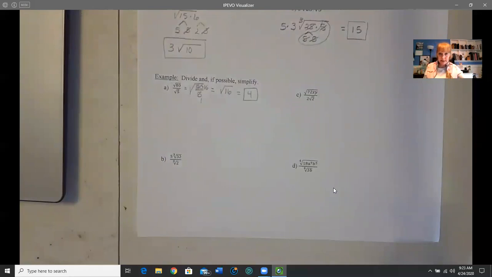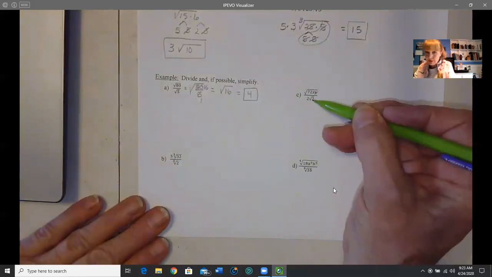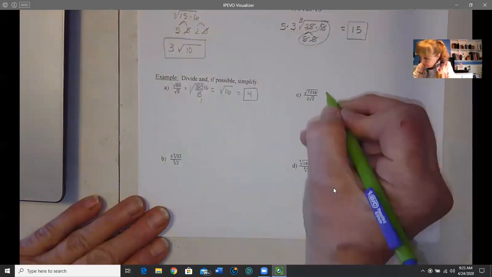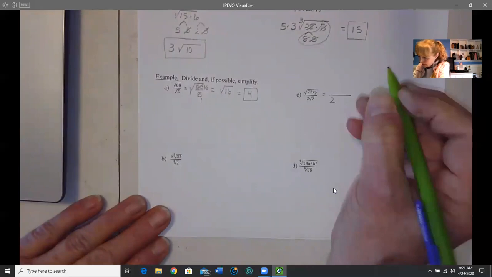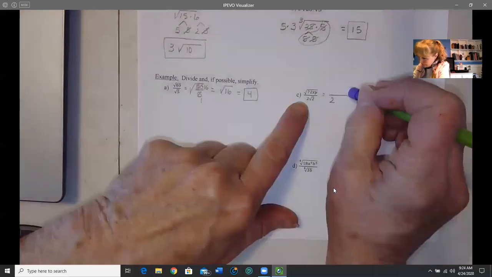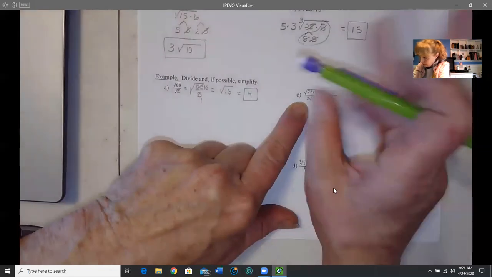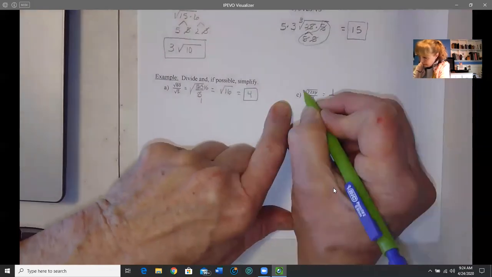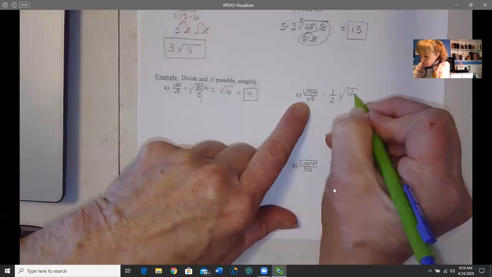All right, let's look at this next one. I've got these 2 in the radicand. This 2 is outside, so we'll just leave it there. Now, can I reduce? I'll just put a 1 up there with this one. So 1/2, I've got 72xy over 2.